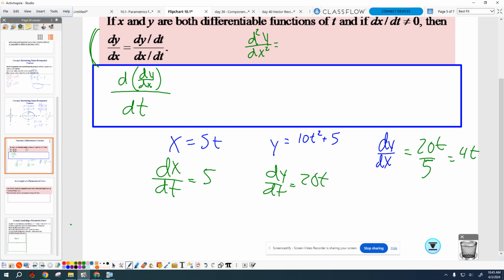But in the example we have, what is the derivative of this with respect to time? 4? Yes, correct. So it was simple, right? But this is not what we wanted. Why? Well, because I want acceleration. I don't want whatever that is.